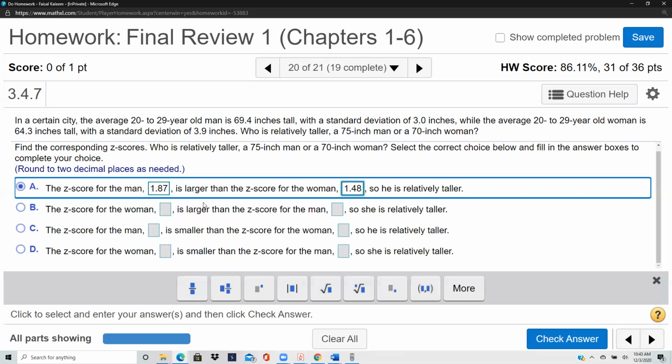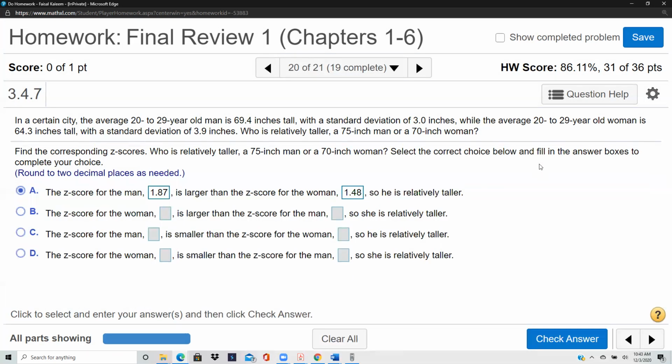Is that right? Yes. Okay, so that shows that the man is taller because of the 1.87 versus the 1.48.